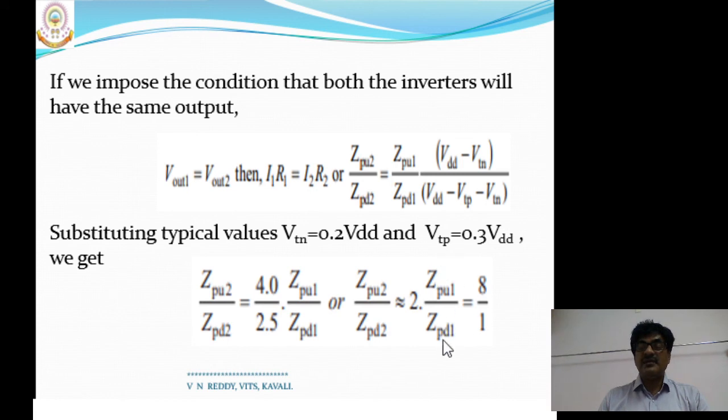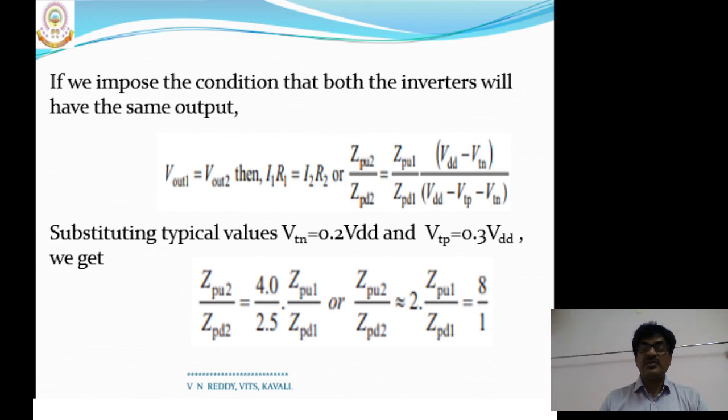Already ZPU1 divided by ZPD1 we derived without the pass transistor. How much value is it? 4:1 or 4/1. If you substitute that, ZPU2 divided by ZPD2 we get as 8/1.